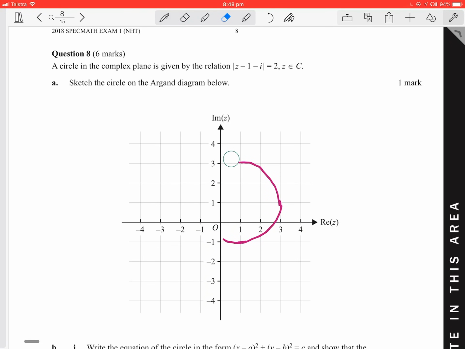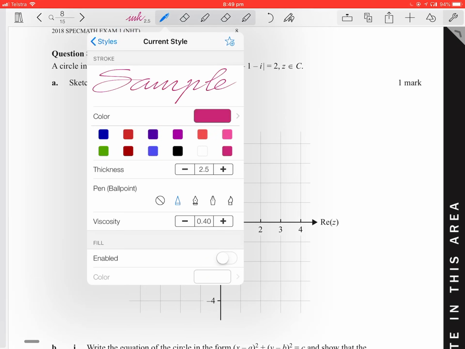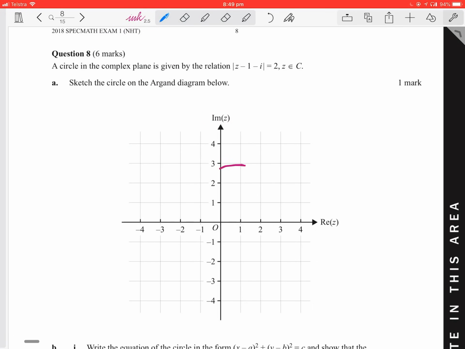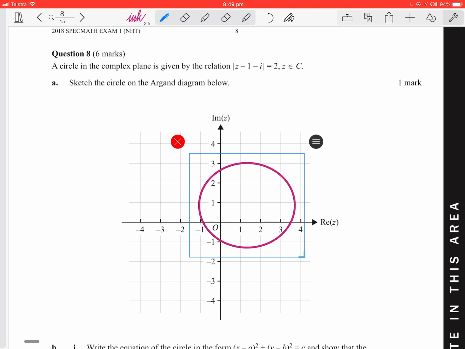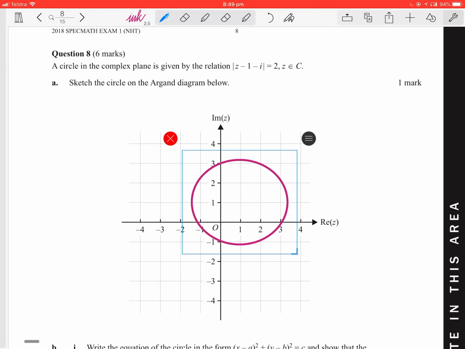Oh, what if I could draw it on this? Where did I want to go to?